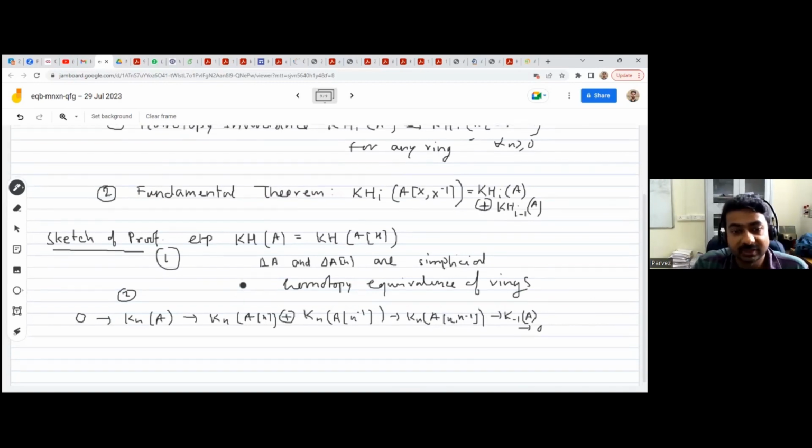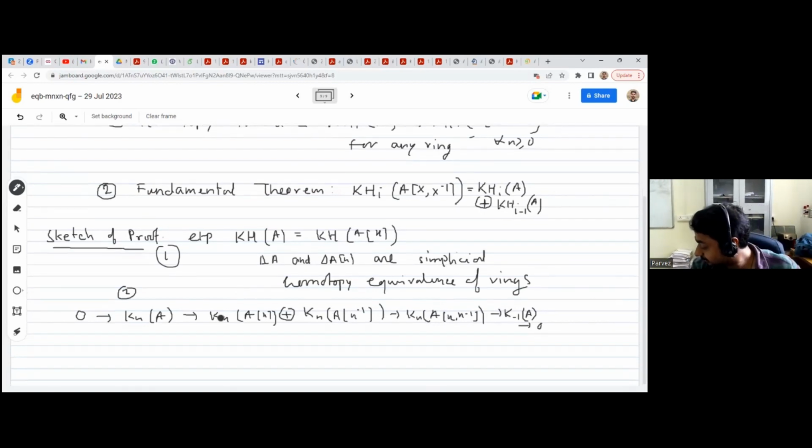Now what I'm going to do is go modulo these things. You can go modulo these things at the level of spaces. So this is true for all n belonging to Z.